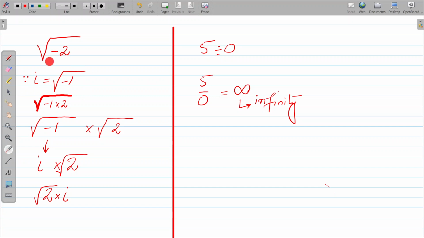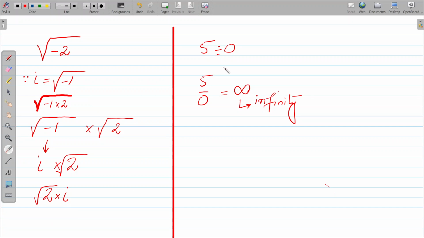So for this imaginary number, square root of minus 2, we can simplify and write it as the square root of minus 1 into 2, but this minus 1 can be replaced by iota, with the square root of 2 taken in a separate radical sign. So you can write this imaginary or complex number as square root of 2 into iota. Remember, the value of iota equals the square root of minus 1.